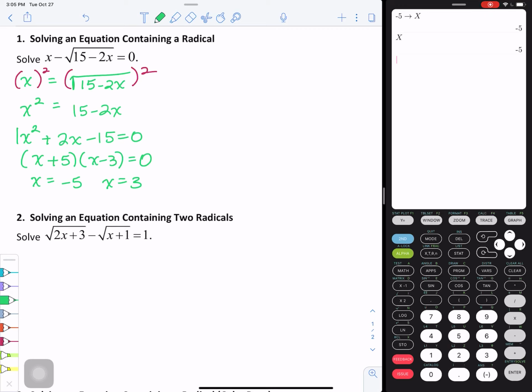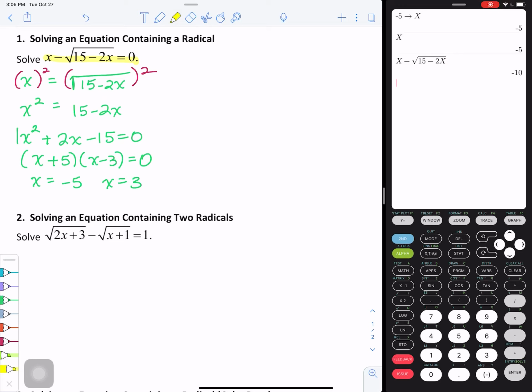So now all we have to do is type this original equation and see if putting negative 5 in for x makes it true. So let's go ahead and type that out. x minus the square root of 15 minus 2x. And let's see if putting negative 5 in that makes that true.